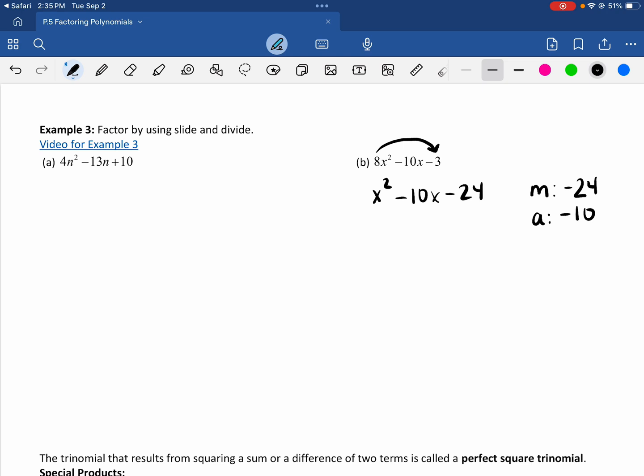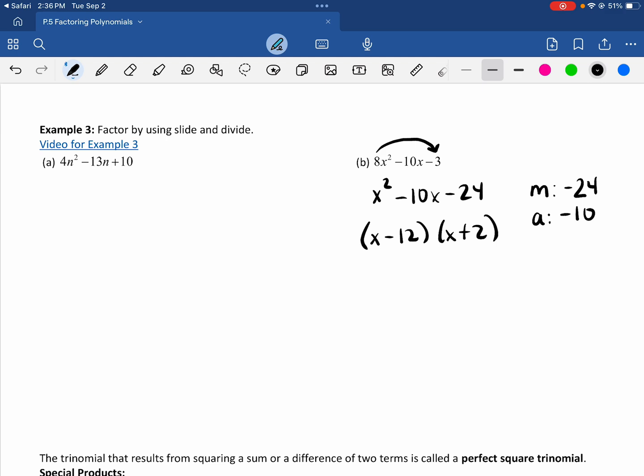So we need 2 numbers that we can multiply together that give me negative 24. I take the same 2 and I add them together and I get negative 10. So I believe that is negative 12 and 2. So I'm going to write those as my 2 factors, x minus 12 and x plus 2.